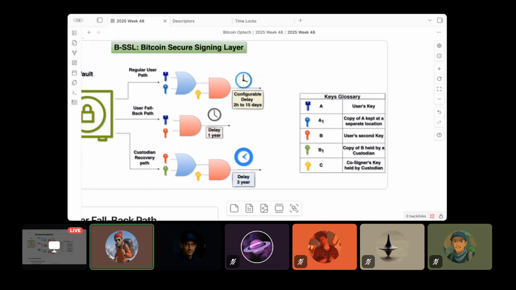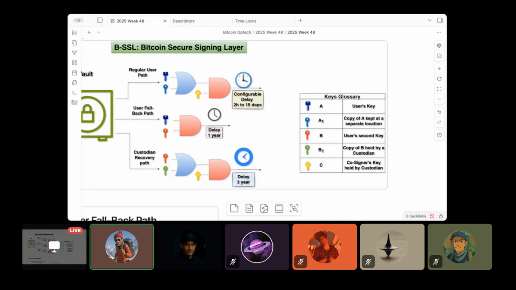Typically the custodian will have his own private key. The user will have his two different private keys. The setup now is that these are all individual keys, but of course the user might use the same master key and have multiple private keys derived from the master.